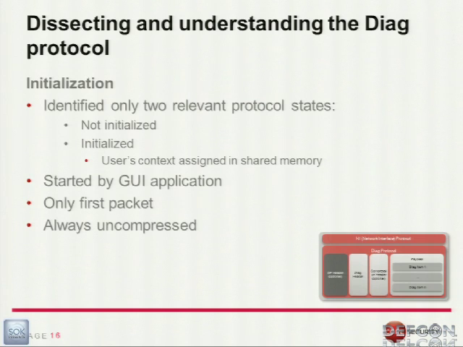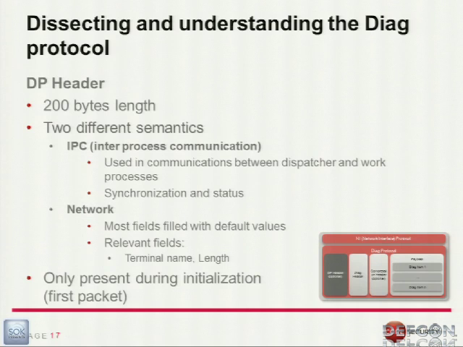During my test, I only identified 2 relevant states of the protocol: when the connection is initialized or not initialized. So there's nothing more on this. The DP header is a 200-byte length header, and it has 2 different semantics. From an internal perspective, it's used for inter-process communications between the dispatcher service and all the different work processes.